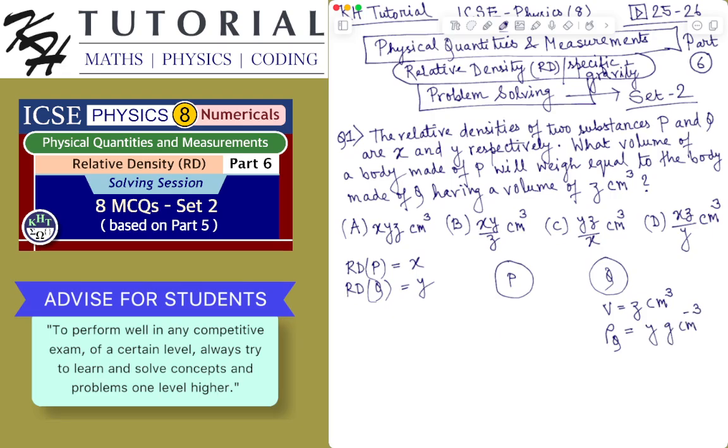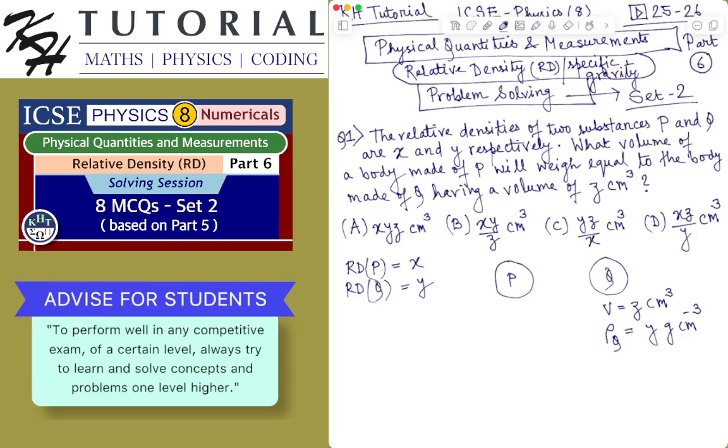We know that if the relative density of a substance is Y, then its density will be Y gram per centimeter cube, or Y into 1000 kilogram per meter cube.